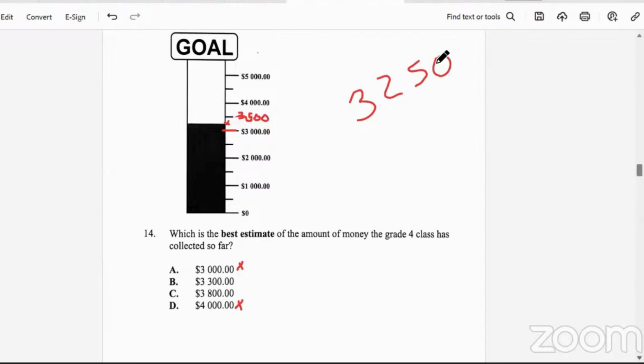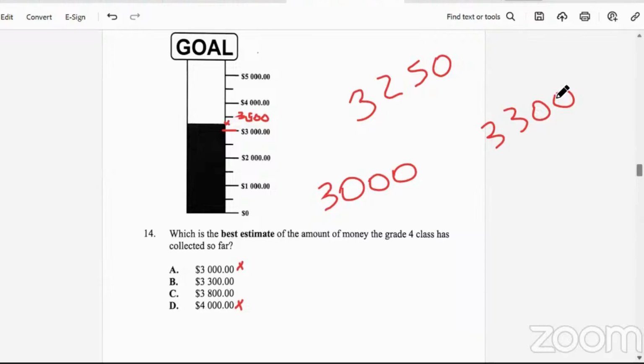All right, so what we want to now know is, is this number closer to 3,000 or, what's the other option there, 3,300? Is this number closer to 3,000 or 3,300? Based on what I'm seeing, you only need $50 more to get to 3,300.